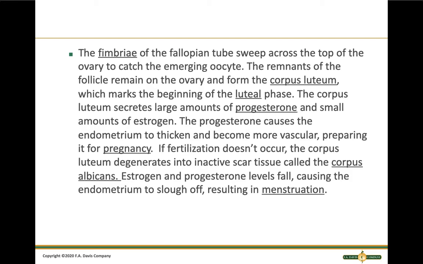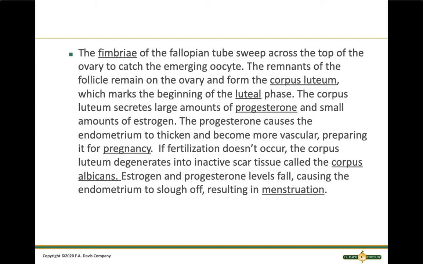Then the fimbriae of the fallopian tube sweep across the top of the ovary to catch the emerging oocyte. The remnants of the follicle remain on the ovary and form the corpus luteum, which marks the beginning of the luteal phase. The corpus luteum secretes large amounts of progesterone and small amounts of estrogen.